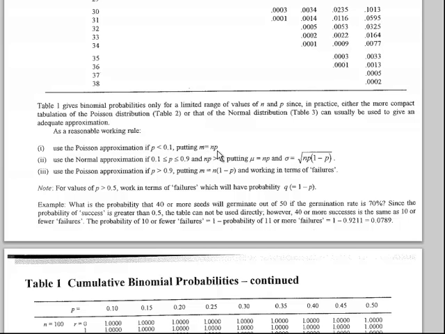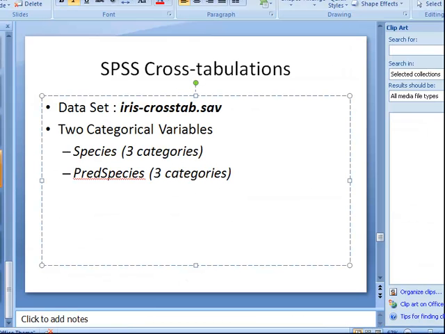If you're familiar with that symbol there, mu equals np, and that symbol there, sigma, which is standard deviation, the square root of np times 1 minus p. So it's actually written into the tables. Okay, that ends our presentation.